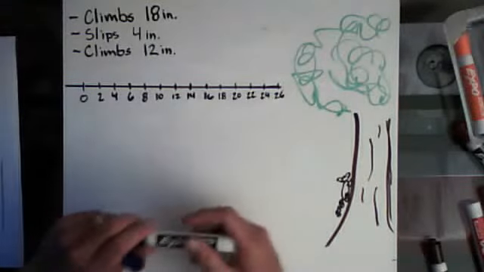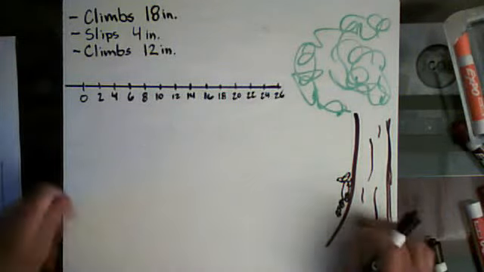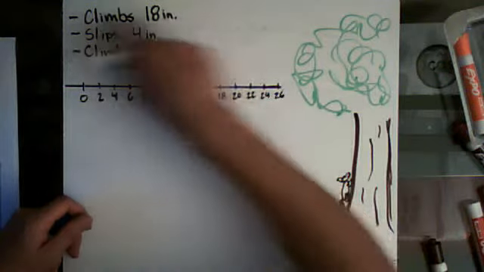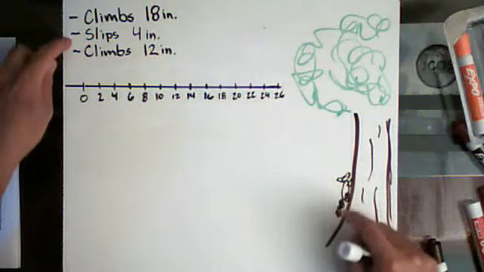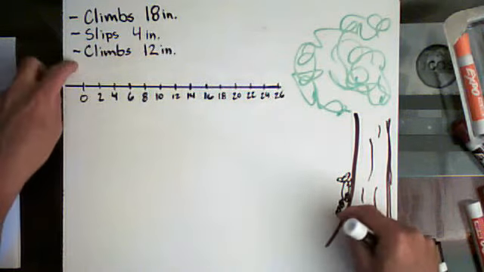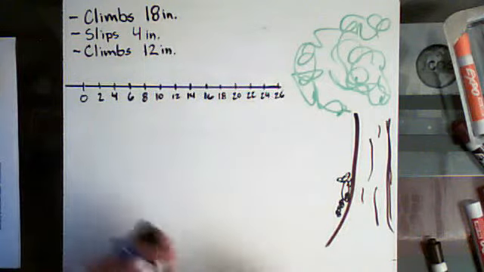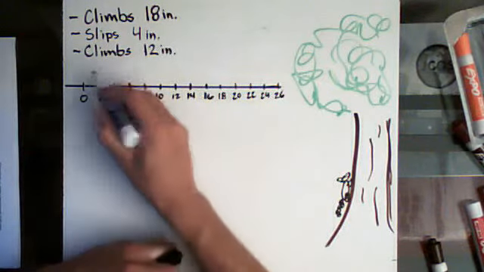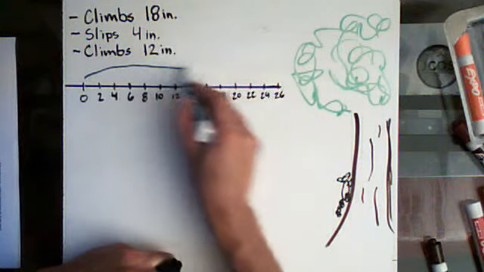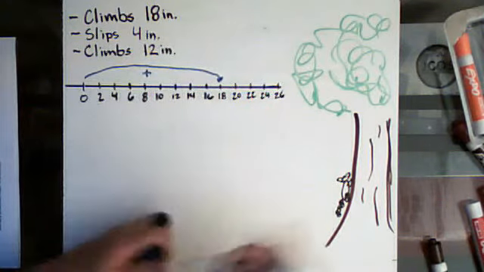Alright, for our third problem, we have a little squirrel running up and down a tree. He starts by running up 18 inches. He climbs 18 inches, and then he slips back down 4 inches. But then he gets his strength back and he climbs up another 12. We can show this on a number line, and assuming we're starting at 0 again, the squirrel climbs up right there 18 inches in the positive direction.